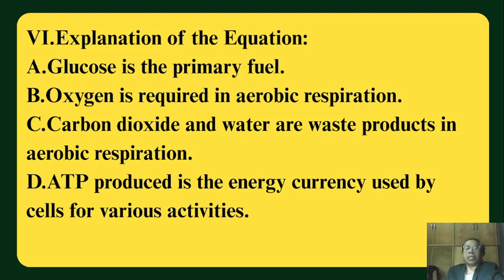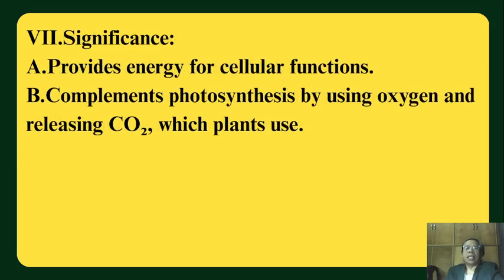ATP produced is the energy currency used by cells for various activities. Significance: provides energy for cellular functions, and complements photosynthesis by using oxygen and releasing carbon dioxide, which plants use.